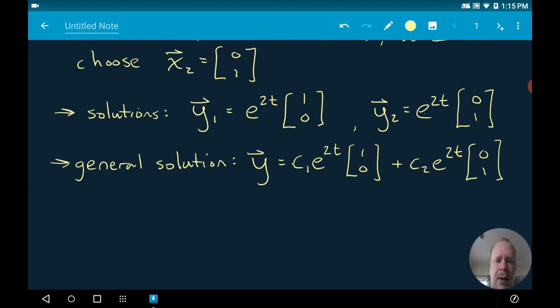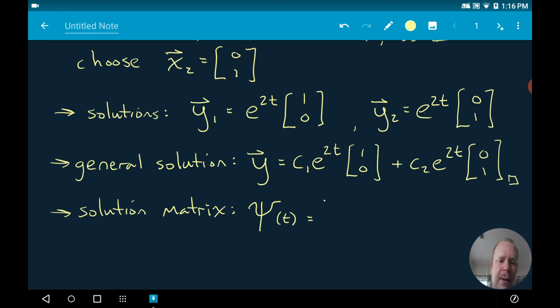Now, if I want to write my solution matrix in terms of t, I just use the columns y1 and y2 here, so I get e to the 2t, 0, 0, e to the 2t.